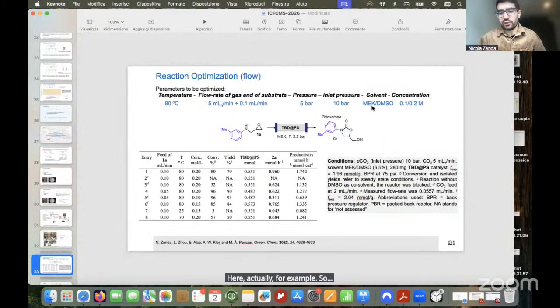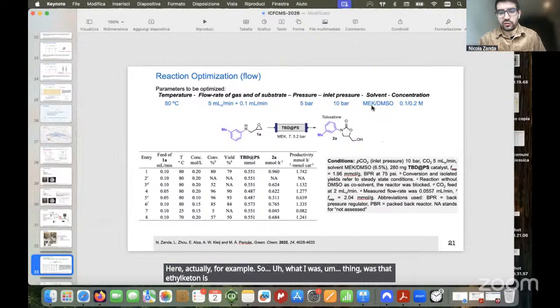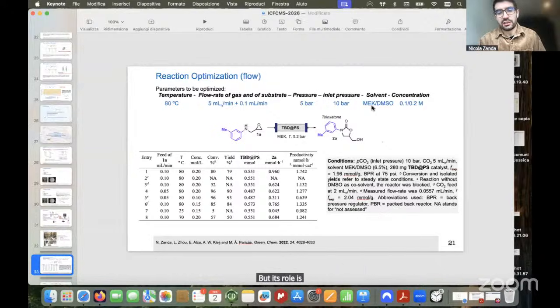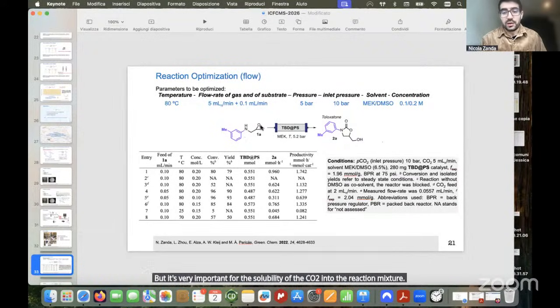What I was saying was that methyl ethyl ketone is very important in this transformation, but its role is not in the activation of the aniline nitrogen, but it's very important for the solubility of the CO2 in the reaction mixture. The amine is activated by the base catalyst that we were using.